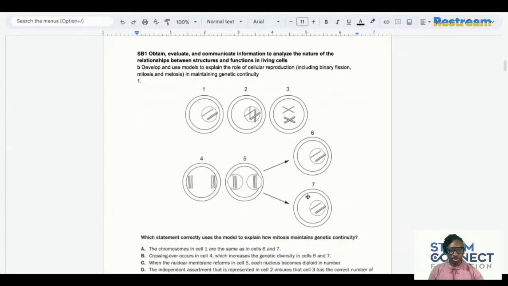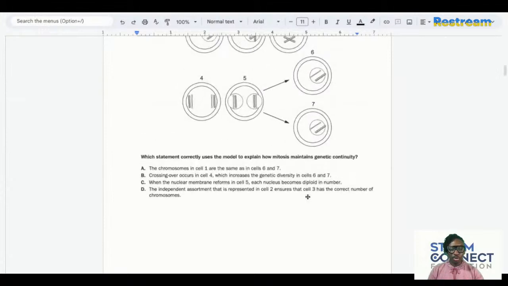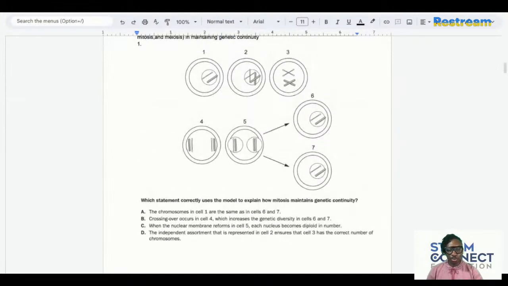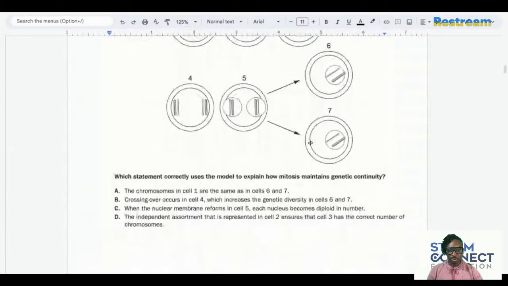Here's a question. Which statement correctly uses the model to explain how mitosis maintains genetic continuity? I'll blow this up a little bit for you. How does the image or the model explain mitosis maintaining genetic continuity? Continuity means that what I started with, I'm able to see again at the end of the process.